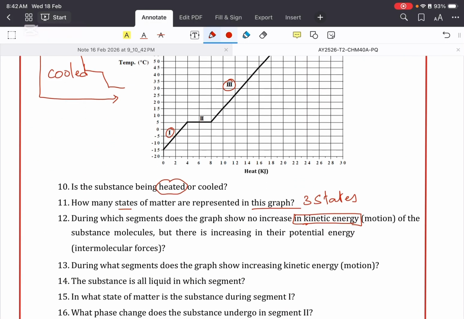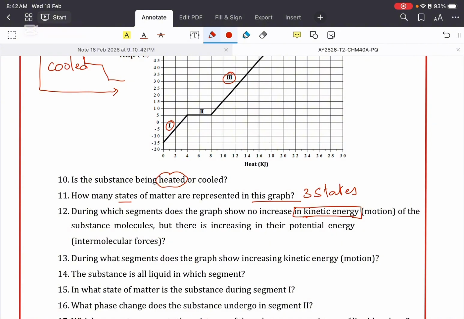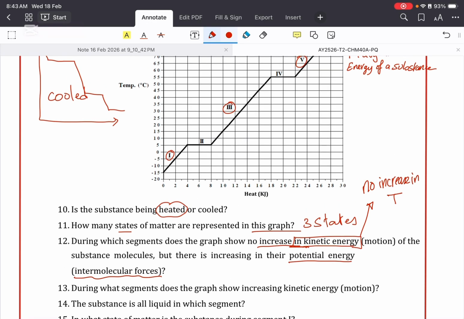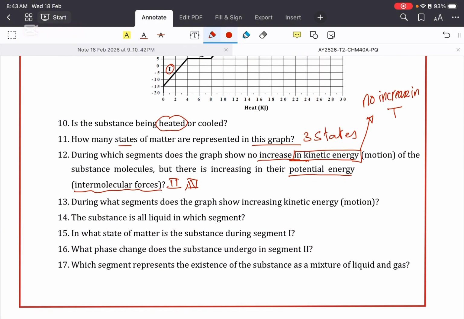So when they tell you in which segment shows no increase in the kinetic energy, they mean no increase in temperature. There is only an increase in the potential energy, which is working on the intermolecular forces. So it is in segment 2 and 4.